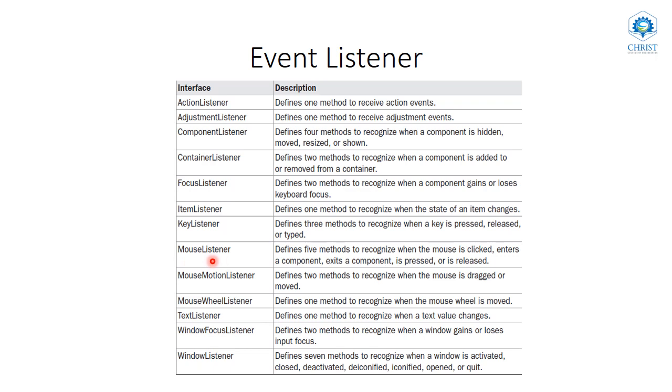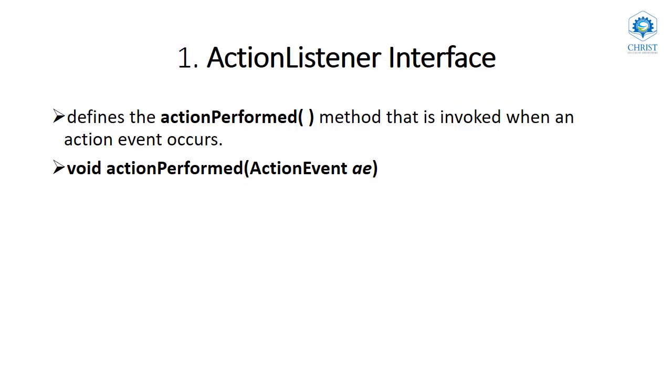Corresponding to each event class we have a corresponding listener interface. So if you know the event class names, getting the corresponding listener interface name is very easy. Suppose the class name is ActionEvent, then the corresponding listener interface name will be ActionListener. I hope you got the relation between the event class names and the listener interface names.